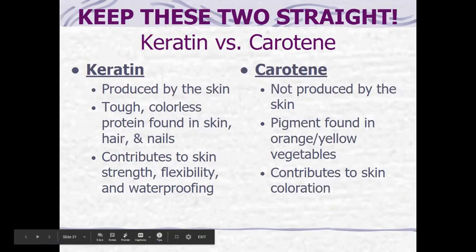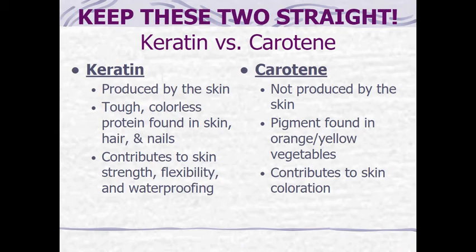Now, at this point, we need to take a quick little break and make sure you understand the difference between keratin and keratin. These sound alike, and they often get mixed up because of their similar name, and they both have importance in the skin. Keratin is produced by the skin. It's that tough, colorless protein that we have in our skin, and we'll talk about having it in our hair and our nails as well.